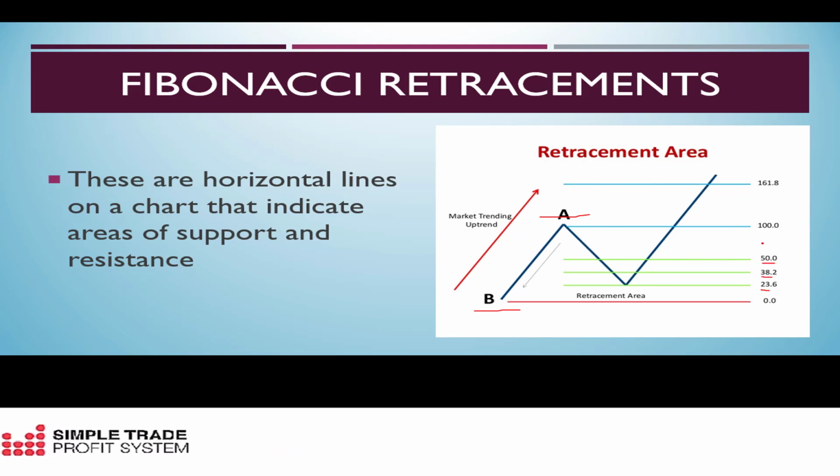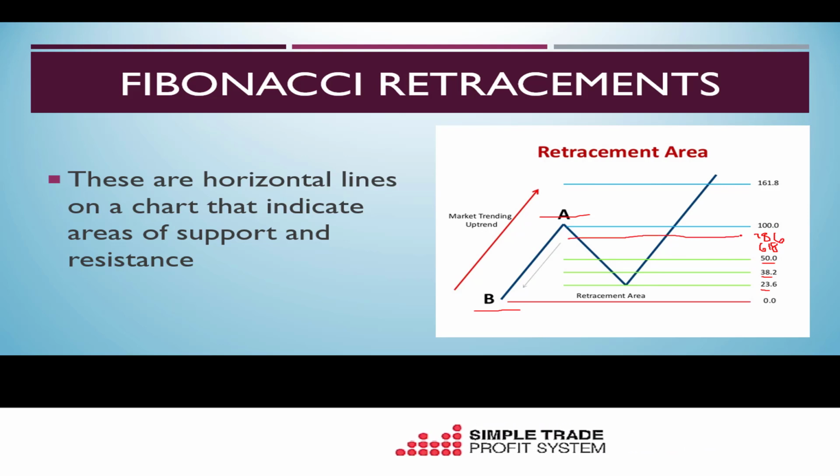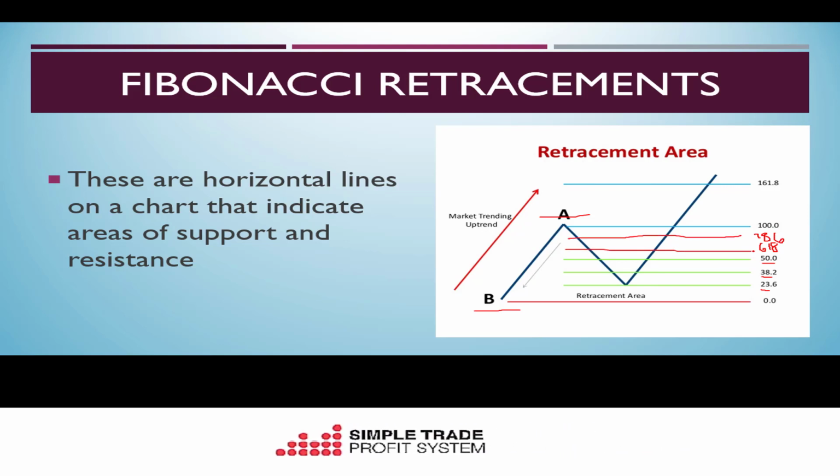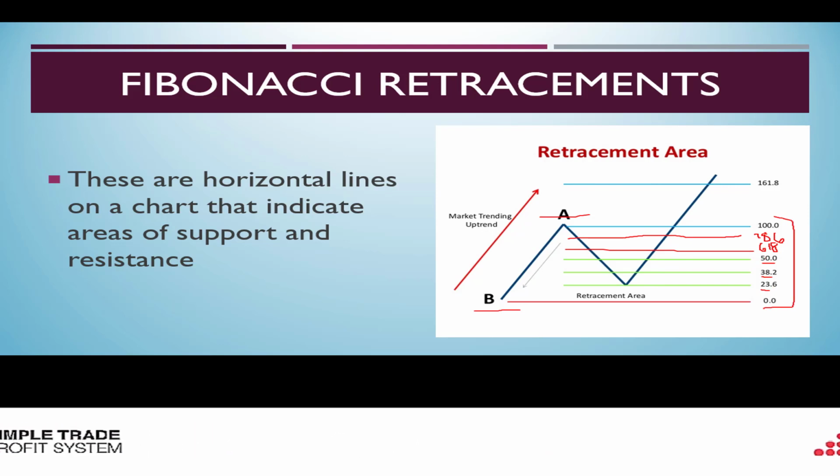In here we also have the 618 and the 786, which are going to be lines in here as well. So these main ones right here are the ones that we use. 236, 382, 50, 618, 786.